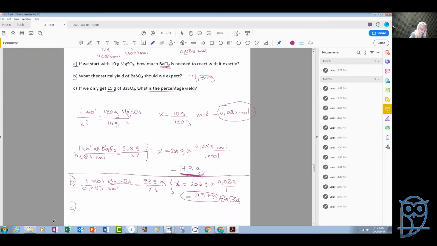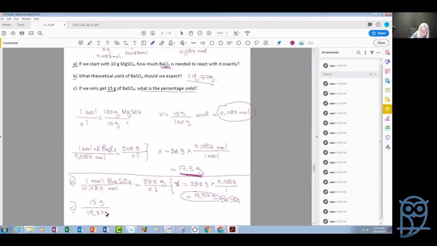Remember the percentage yield is what we actually get, in this case 15 grams, divided by what we expected to get in theory, 19.37 grams, multiplied by 100. And this is 77.44. So this is the percentage yield that we get.